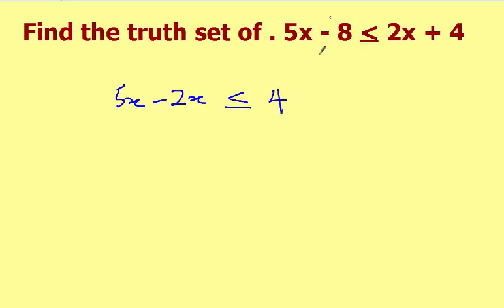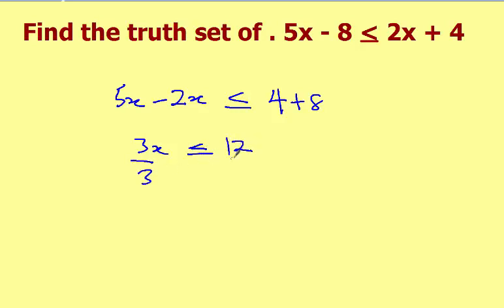Remember, this 8 is also moving to the other side of the equation and it's negative, so it's going to be positive 8. Please subtract this. 5x minus 2x will give us 3x, that is less or equal 12.